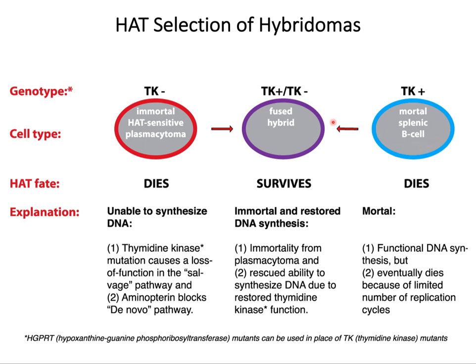In this way, the only B-cell myeloma fusion hybrids have the immortality of the myeloma cell and the genes that synthesize HGPRT or TK from the mortal B cells. The resultant fused hybrid is known as hybridomas, now become immortal and can use the alternative pathway to produce the nucleotide precursor.